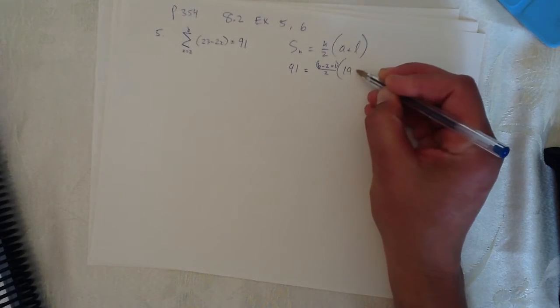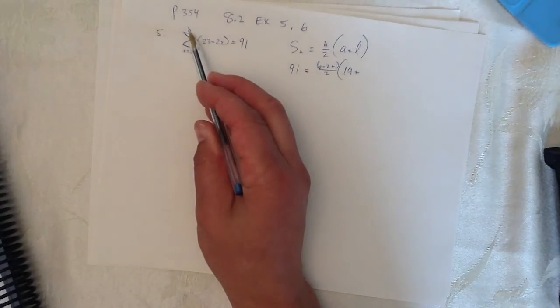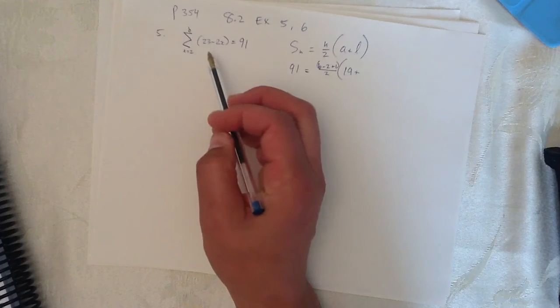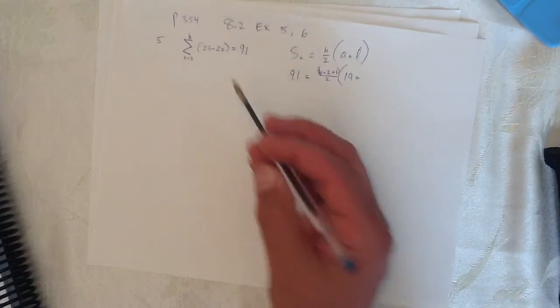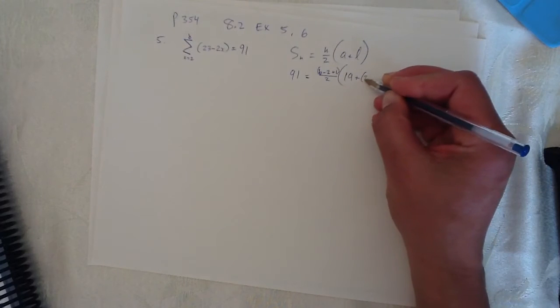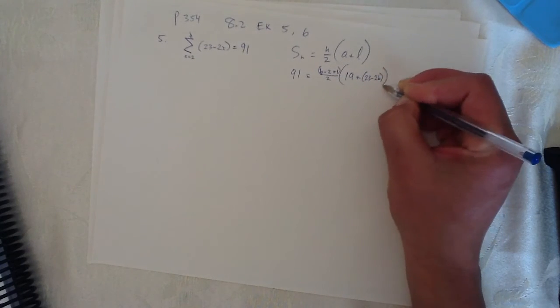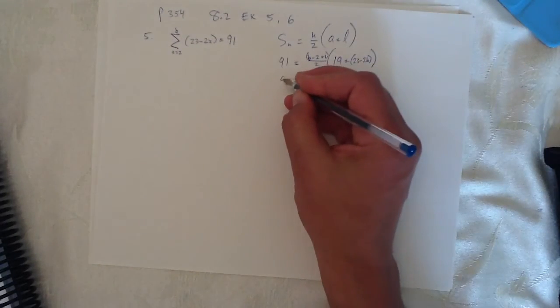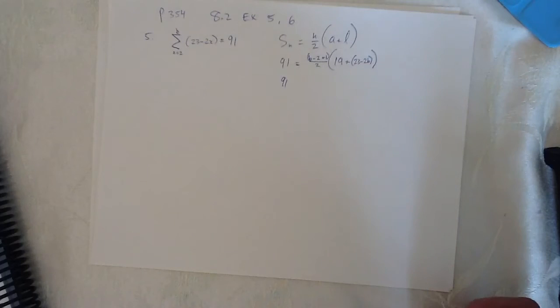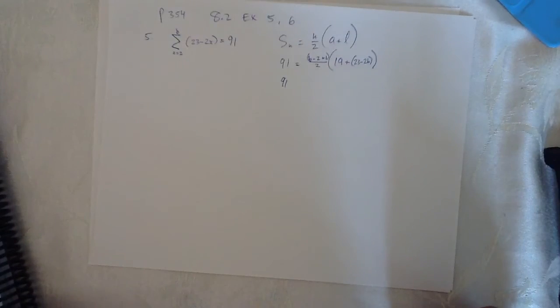So a was 19, and L happens if we plug b in here. We get 23 minus 2b, and we can't take that anywhere else, so let's put that in there, 23 minus 2b. So that looks ugly, but we'll clean that up really quickly. 91, wait a minute, pause that video and finish it yourself before I continue, because this is too easy now.